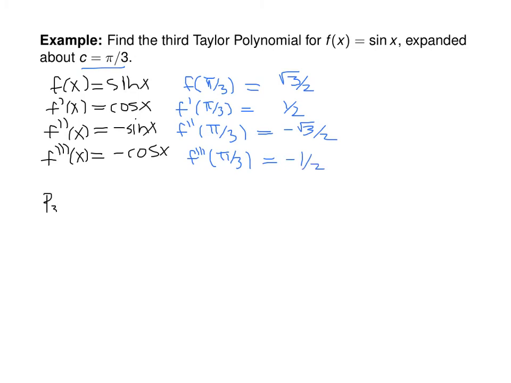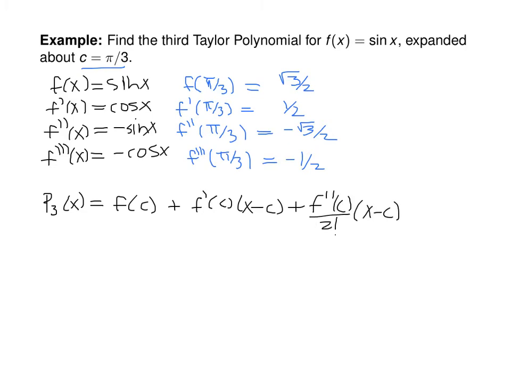Now the third Taylor polynomial at x is given by f of c plus f prime of c multiplied by x minus c plus the second derivative at c over 2 factorial times x minus c squared plus the third derivative at c over 3 factorial times x minus c cubed.